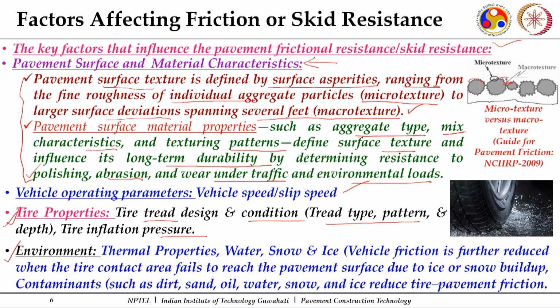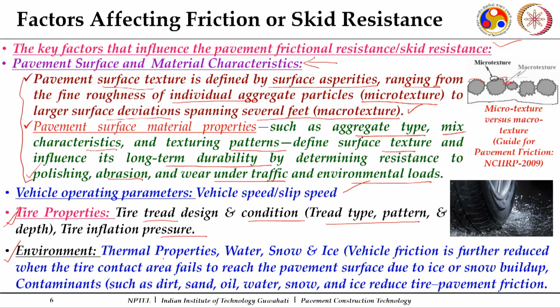As I mentioned, it is quite safe when you are making a movement over a dry surface compared to a wet pavement surface. And in addition, thermal properties, because your tire rubber also gets expanded, because it is a viscoelastic material, it changes with the change in the temperature of the environment, the temperature of the surrounding.